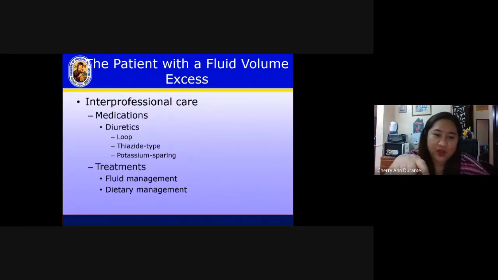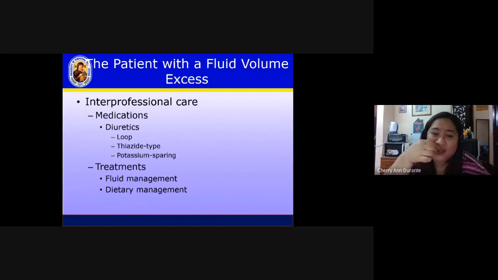So, isa sa mga pwede mo magawa, na-try nyo na ba yun, do you know that the only reason that you can swallow is because of your saliva? Pagka natuyuan ka ng laway, hindi ka makalunok. Na-try nyo na po. Because if you have your fluid restrictions, tapos dry mouth ka na, kasi di ba you feel like you want to drink something and yet you can't because you have the fluid restrictions.